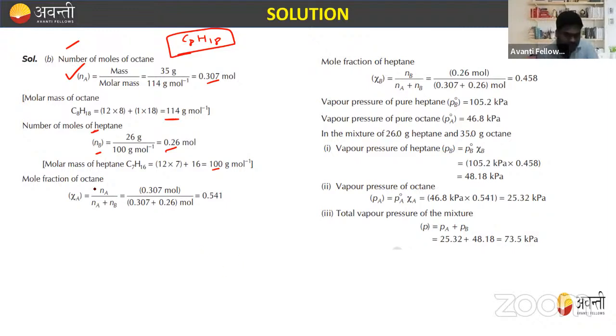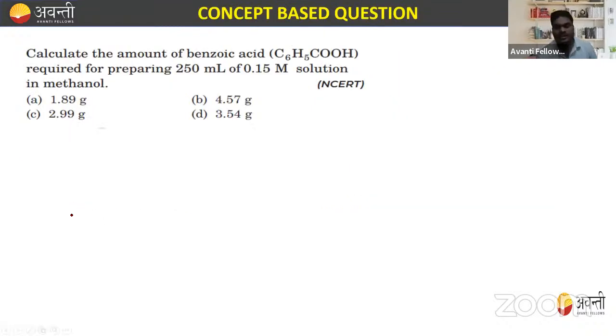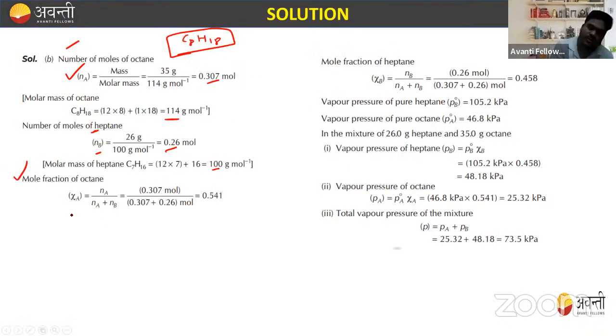Now, we all know how to calculate mole fraction. If you want to calculate the mole fraction of octane, how will you calculate, beta? The mole fraction of octane is equal to the number of moles of octane divided by the total number of moles, that is Na plus Nb.